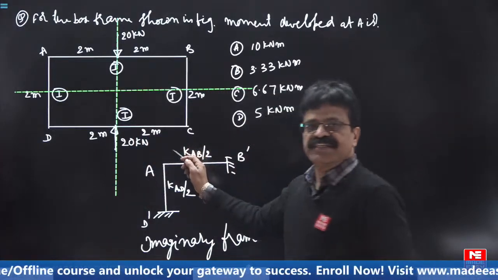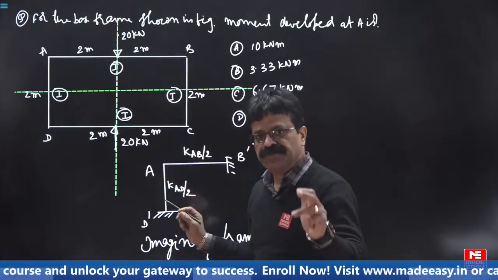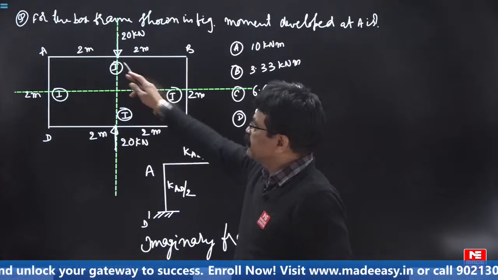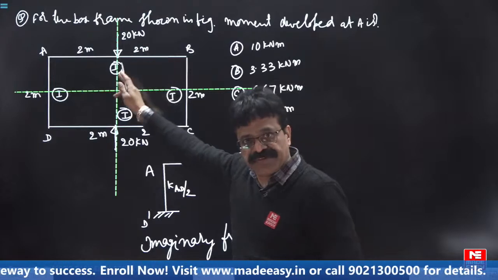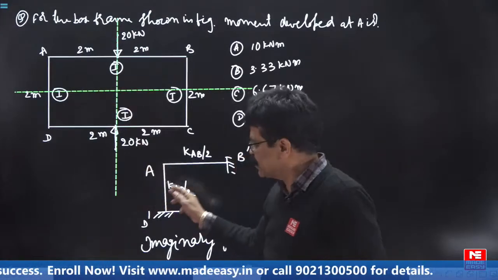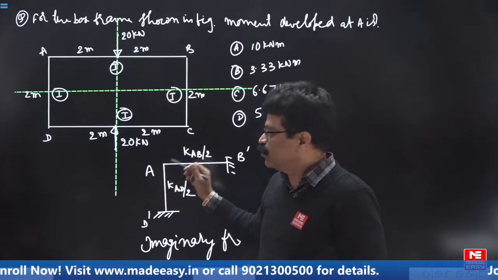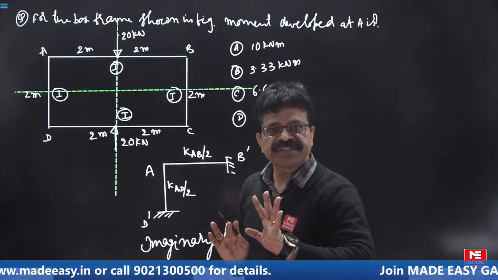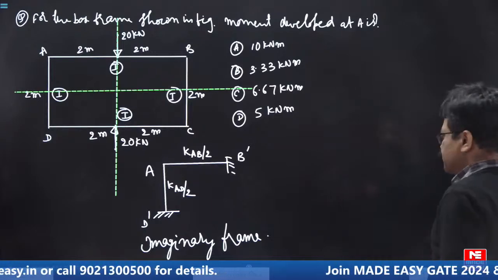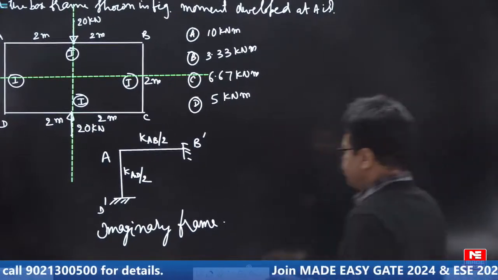On this imaginary frame, distribute the end moments, which you get the fixed end moments, from the actual frame. Take those fixed end moments, distribute here. Whatever moments you get on the 4 corners, you just replace it with opposite sign. Now you see, if I take it, what is the fixed end moment?